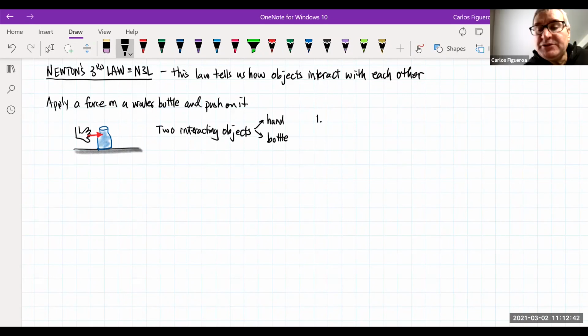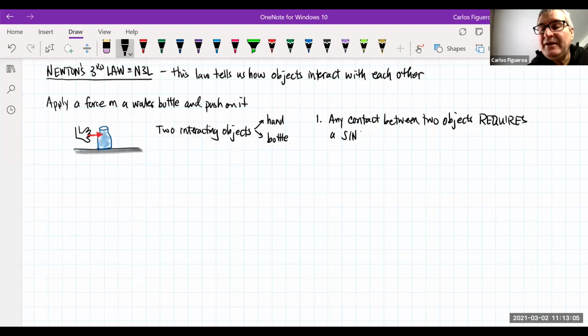The first thing I would say is that any contact between two objects requires a single interaction between these two.